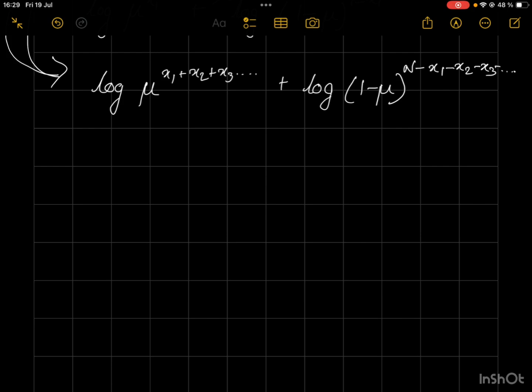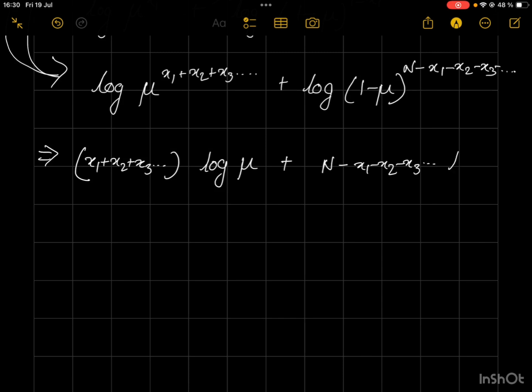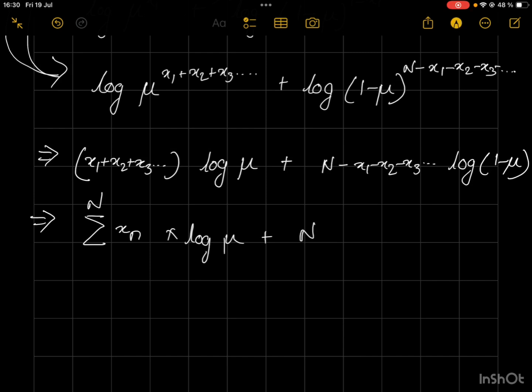And now if we take the power rule of logs, this is going to imply x1 plus x2 plus x3 into log mu plus n minus x1 minus x2 minus x3 until x of n into log of 1 minus mu, which simply implies now the summation of x of n into log mu plus n minus the summation of x of n into log of 1 minus mu.